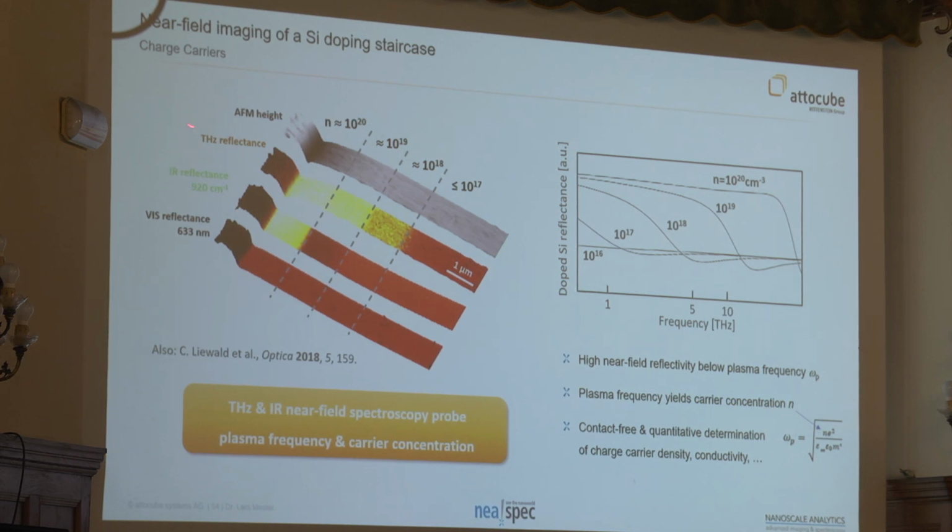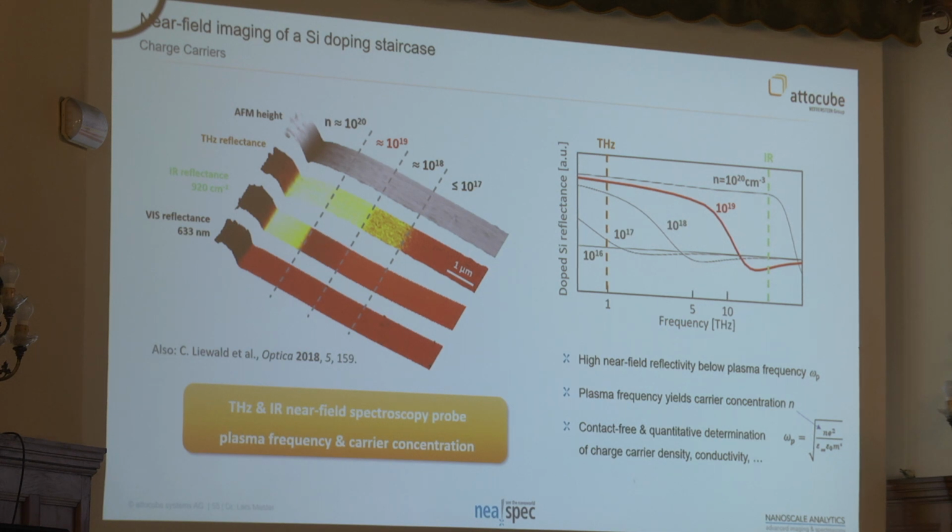So for example, let's highlight one of these curves. For this doping, at low frequencies, at terahertz, we expect high reflectivity, which is what we see here on this field. It's very bright. In the infrared range, we would be somewhere here. Low reflectivity, that's exactly what we see in this image.